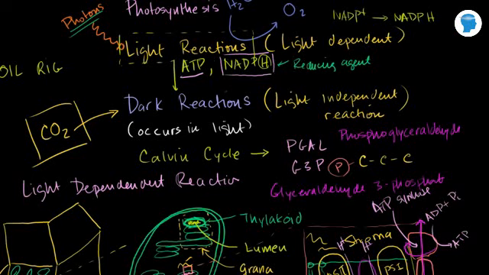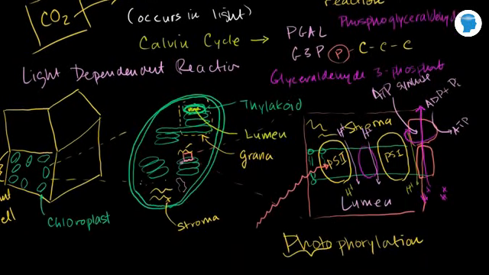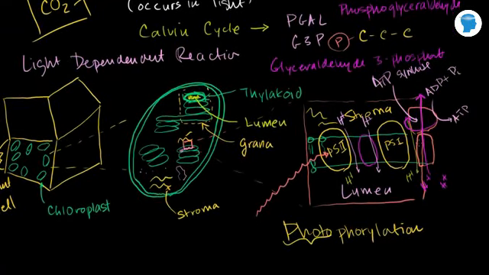If we're talking about non-cyclic light reactions, after that electron keeps entering lower and lower energy states, the final electron acceptor is NADP+. Once it accepts the electrons and a hydrogen proton with it, it becomes NADPH.